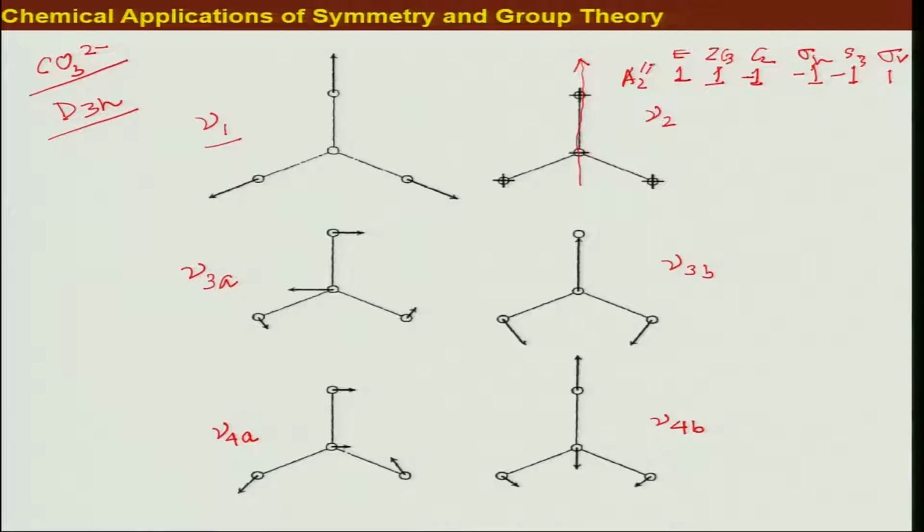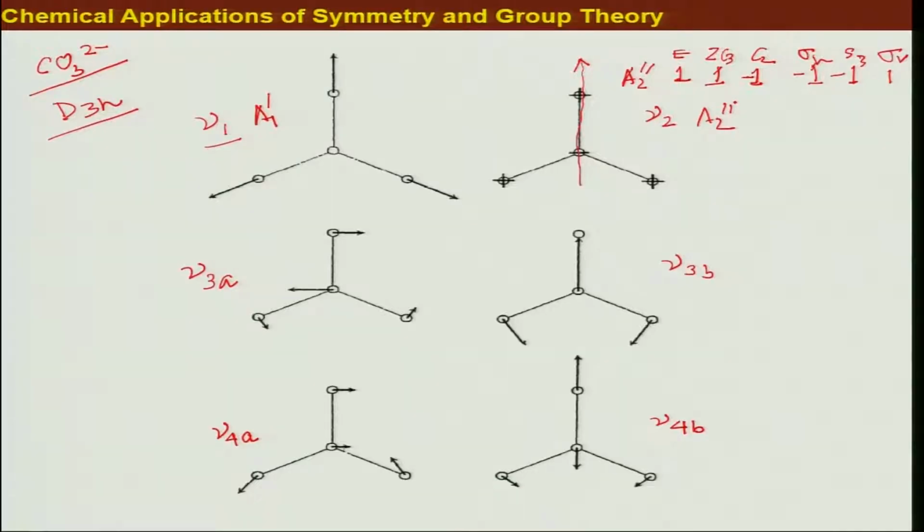All right. So now what I can see is that both of these normal modes that we considered, when we operate the symmetry operations, we are finding that they transform according to one particular irreducible representation. The first one we found to be A1 prime, and this one now we are finding to be A2 prime.